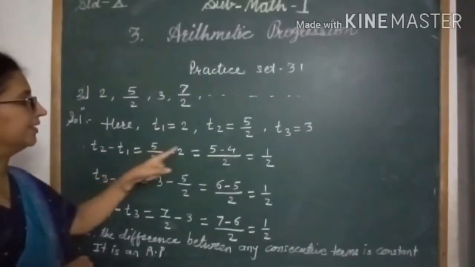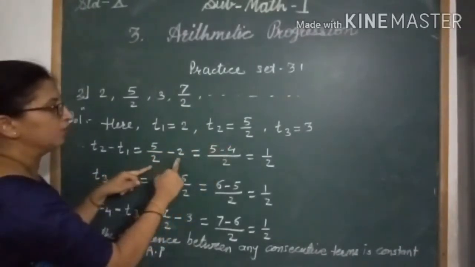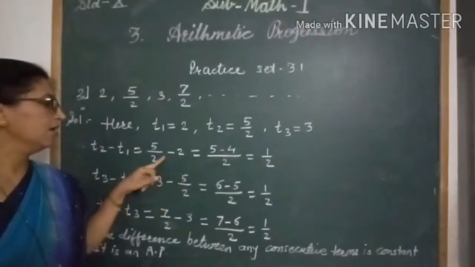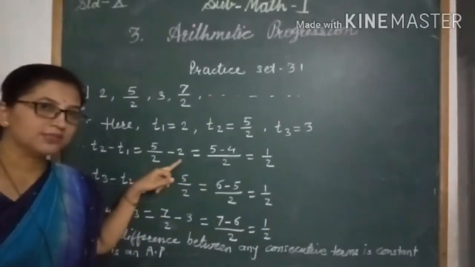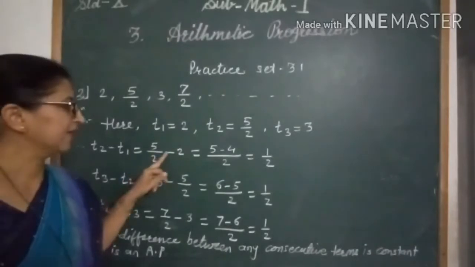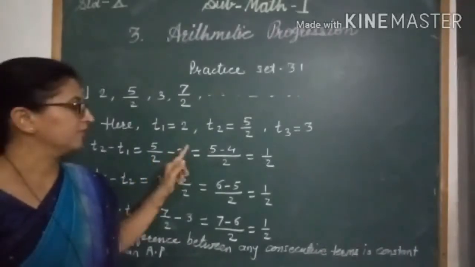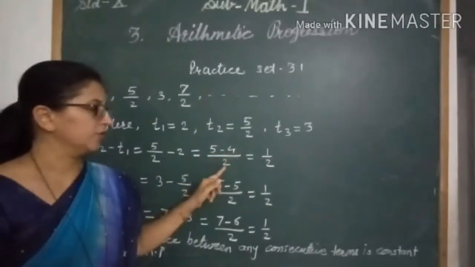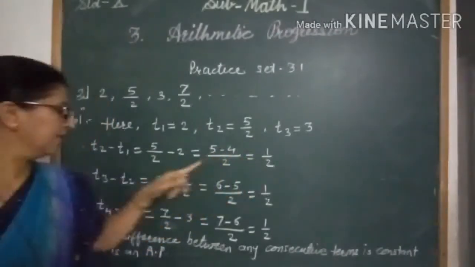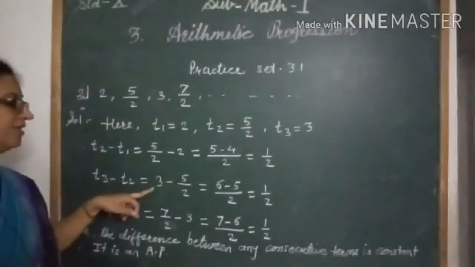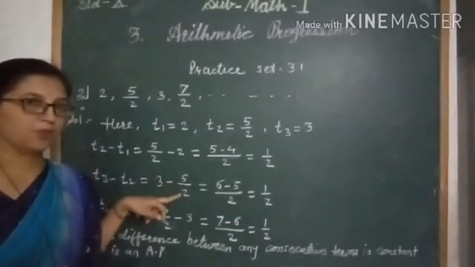So our T2 is 5/2 minus T1, that is 2. So we have to do subtraction here, but the denominators are not the same. So here we will make the denominators the same by multiplying this 2 by 2. So 2 twos are 4, that is (5 minus 4)/2, that is 1/2. Similarly, we will find T3 minus T2. T3 is 3 minus 5/2.